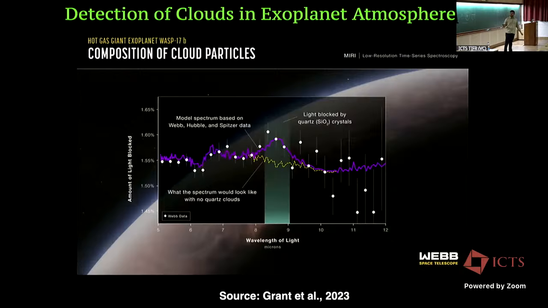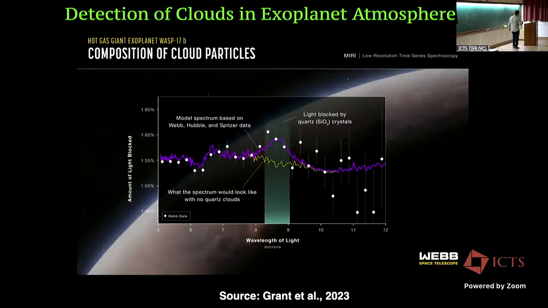In one of the first works, we were able to detect SiO2 quartz crystal clouds, because if you look at the mean scattering cross sections for different clouds, their features lie beyond 5, roughly 5 to 12 or 15 micron. Without JWST, we would not have been able to detect the clouds present in exoplanet atmospheres. Here, the SiO2 cloud detection has been possible because of JWST, using the MIRI instrument data.